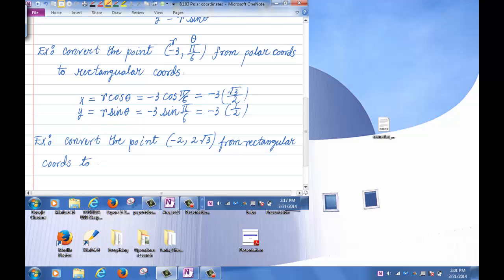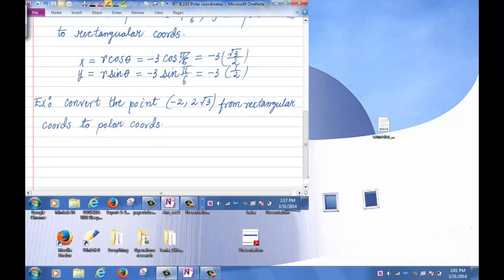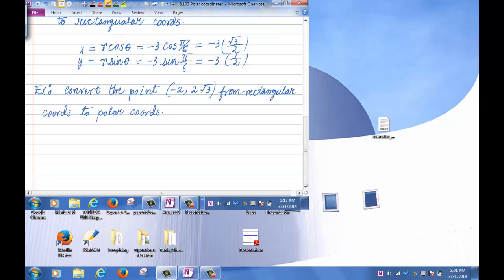So what should I do? What would be the first thing I compute? Very good. I should say r squared is x squared plus y squared. This is x and this is y, so I have -2 squared plus 2 root of 3 squared.